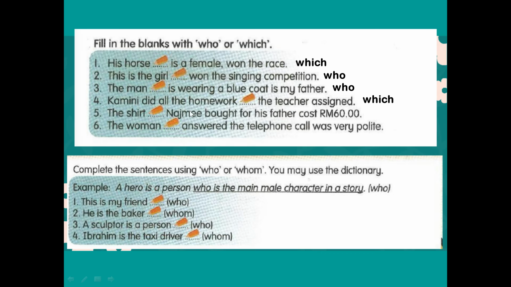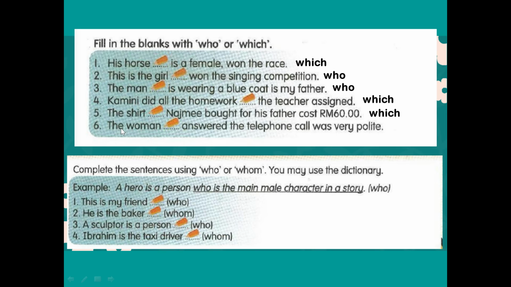Kamini did all the homework which the teacher assigned. 5. The shirt Najmi bought for his father cost 60 ringgit Malaysia. So this is obvious. It refers to the shirt and the shirt is a thing. Then we use which. Okay, the shirt which Najmi bought for his father cost 60 ringgit Malaysia.